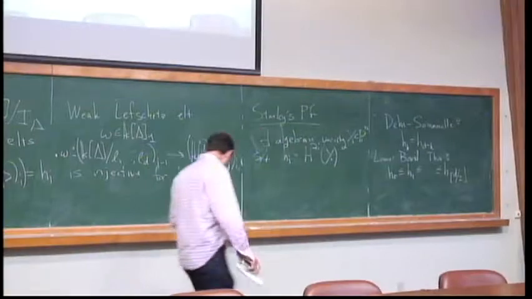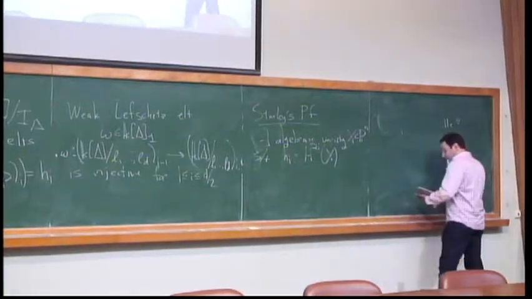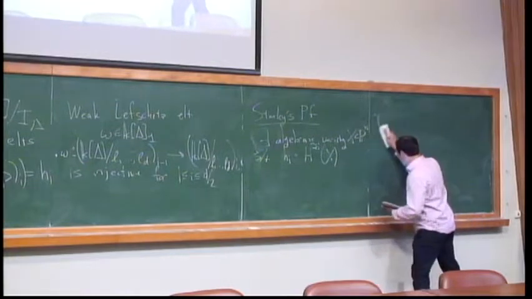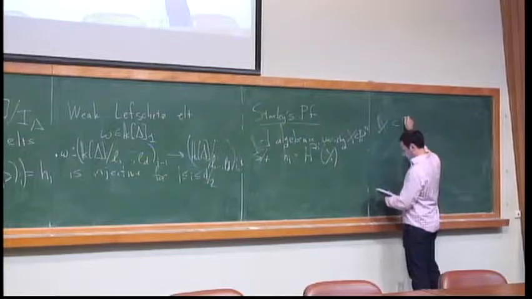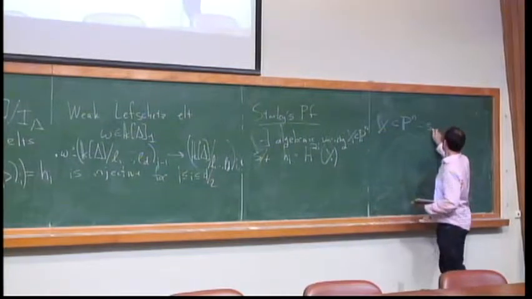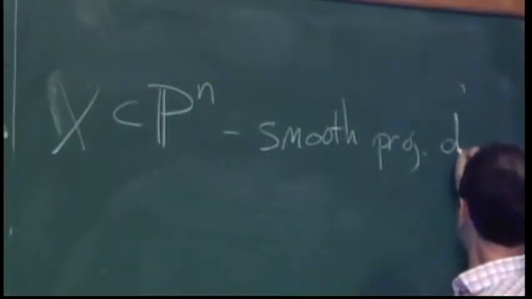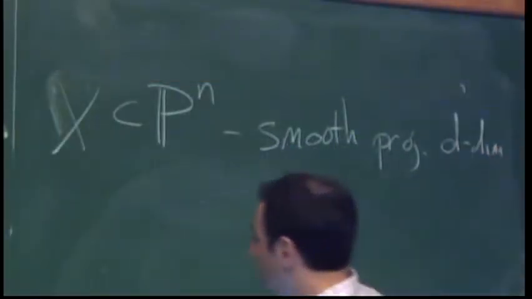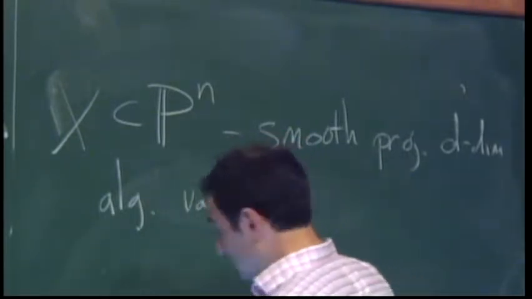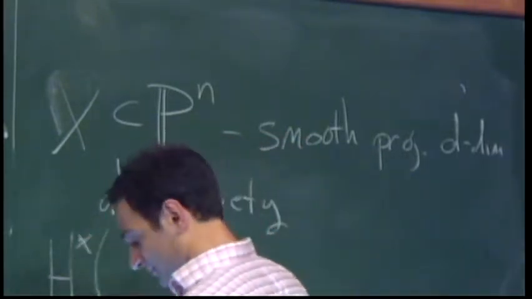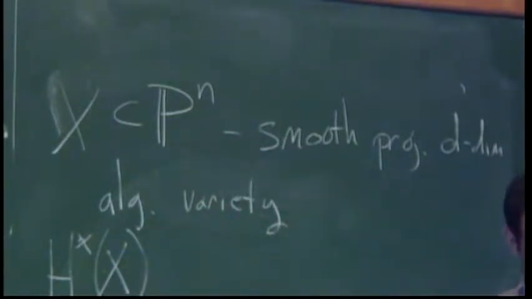All right, so we're going to let X be a smooth, projective, d-dimensional algebraic variety. Then its cohomology is a graded ring in dimensions 0 through 2d.